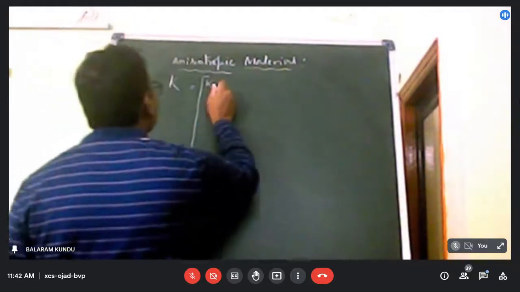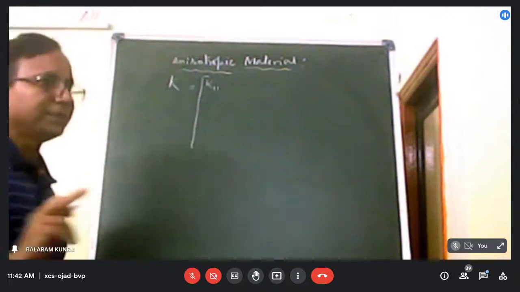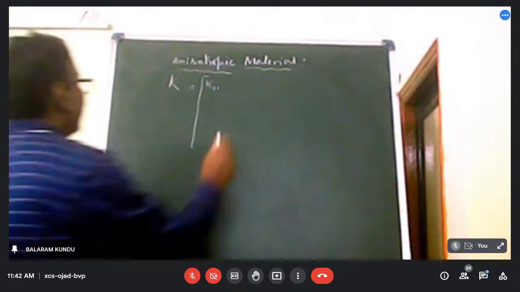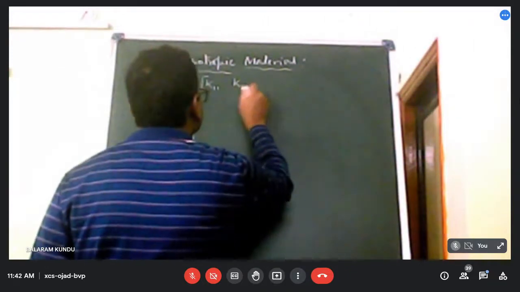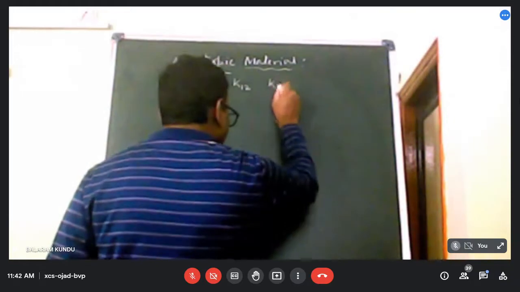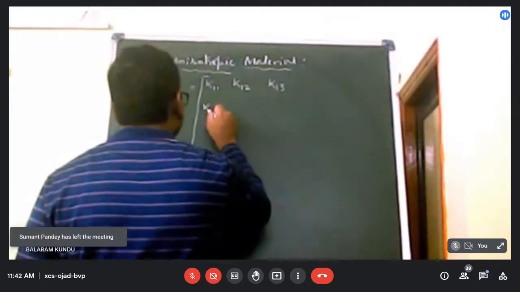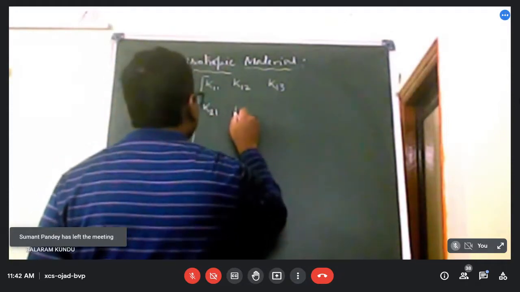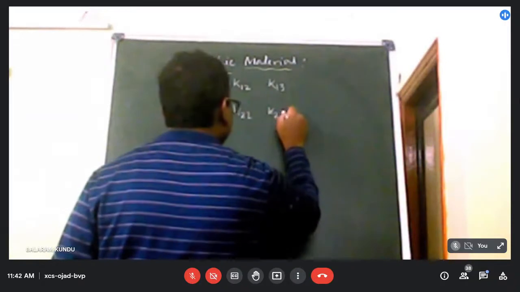So K11, that is first suffix 1, second suffix is also 1, and K12 is there, first suffix 1, second suffix 2, and third one K13. In similar fashion, you can write K21, K22, and K23.